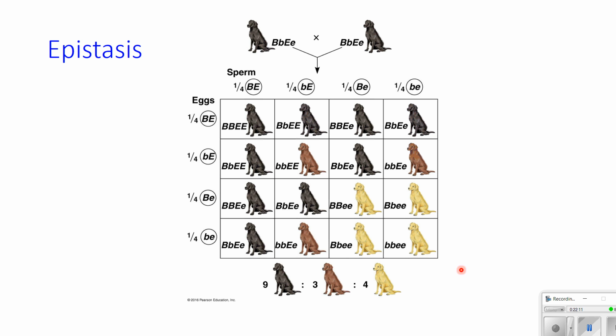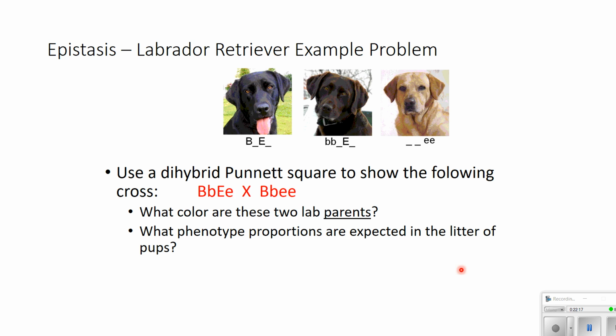Okay, so let's see if you understand how epistasis works. Here is a sample problem. It says use a dihybrid Punnett square to show the following cross. So here are the two lab parents. First of all, what color are these two parents?